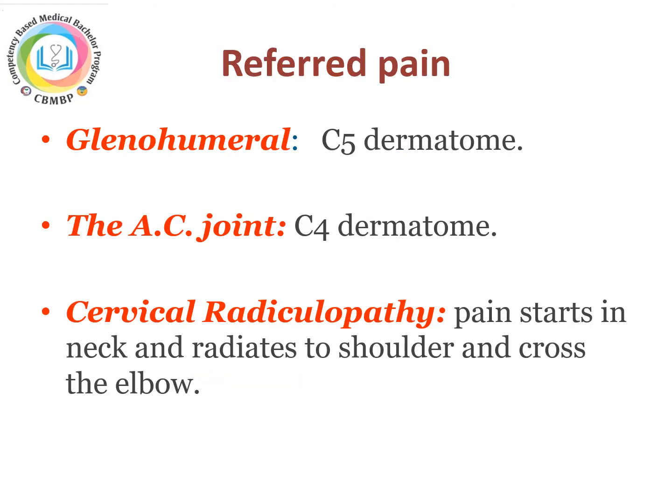Referred pain from another region, like the neck, may also lead to shoulder pain, like cervical radiculopathy, pain starting in the neck and radiating lower to the shoulder and the elbow. Acromioclavicular joint inflammation may radiate to the C4 dermatomes. Also, the glenohumeral joint may radiate to C5 dermatomes over the deltoid muscle.